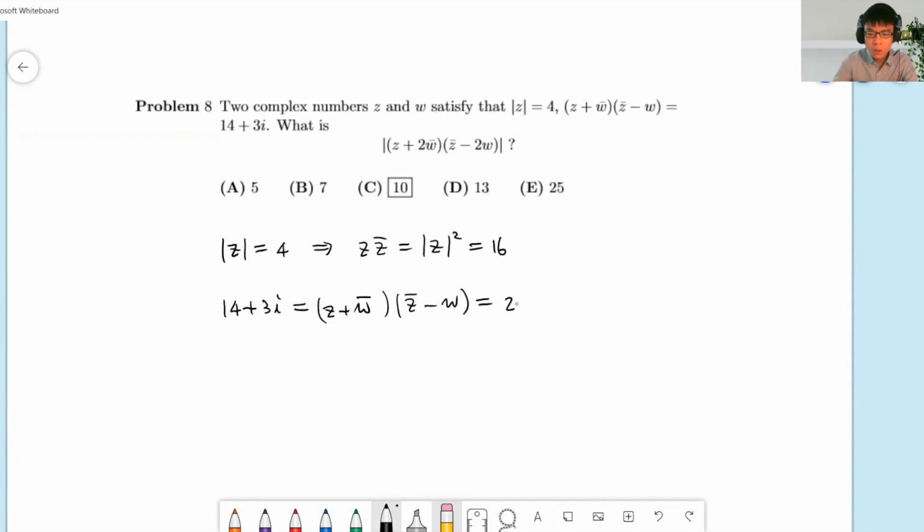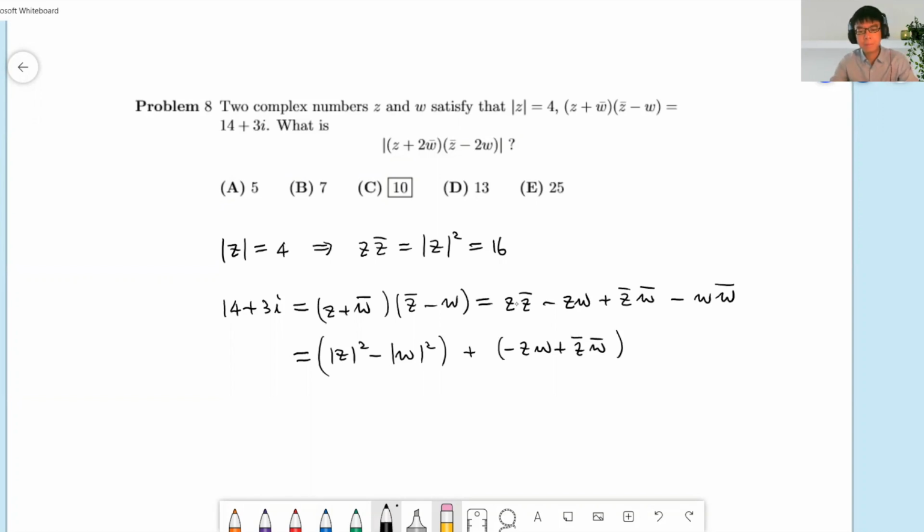It equals z times z conjugate minus zw plus z bar w bar minus w times w conjugate. Then this equals modulus z squared minus modulus w squared, and also plus minus zw plus z bar w bar.